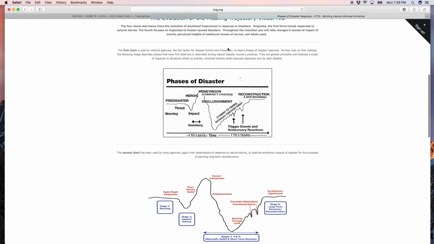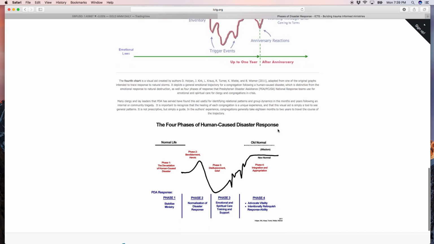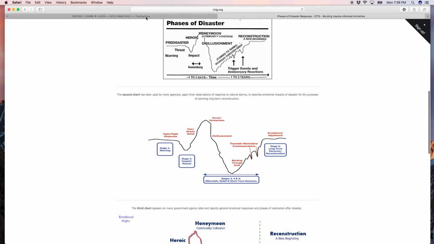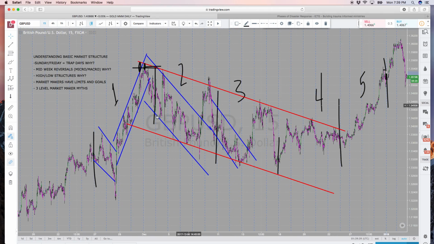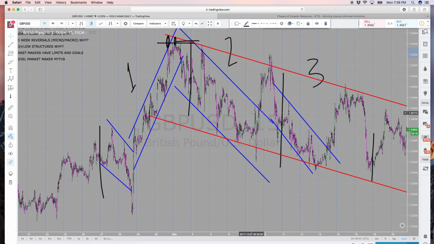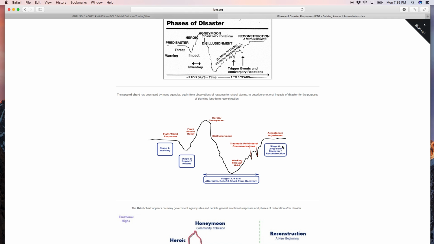Now, there's different variations of these, right? Just like in the market, there are different variations of market structure. So, it's the same thing though. It is the same concept, right?